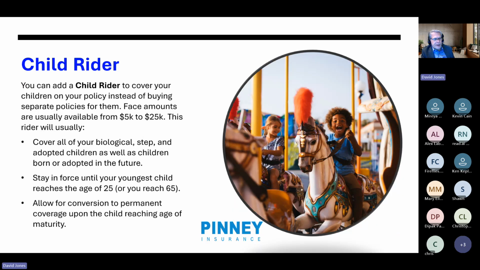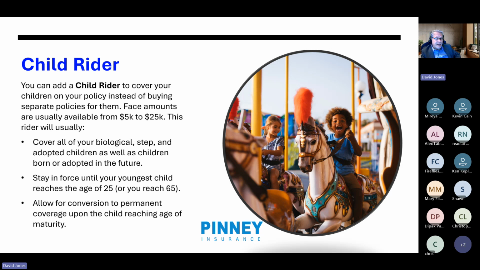A child rider. You can add the child rider to cover your children, and it's not a child rider for each child. You add the rider, it covers all children, and that saves you from buying separate policies for all the kids. Face amounts are usually from 5,000 to 25,000. 25,000 I think is the max that you can get.